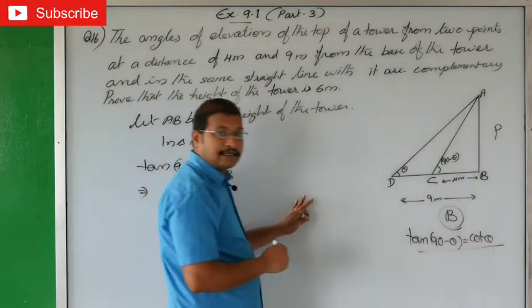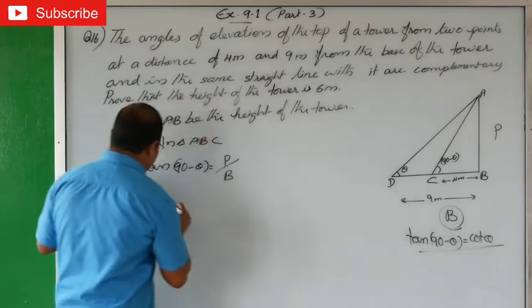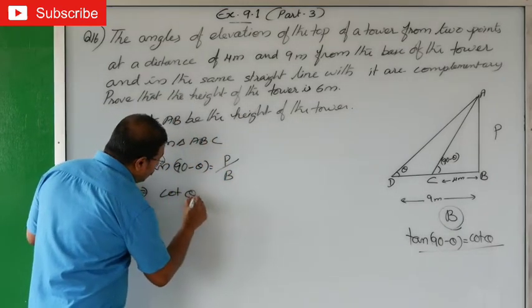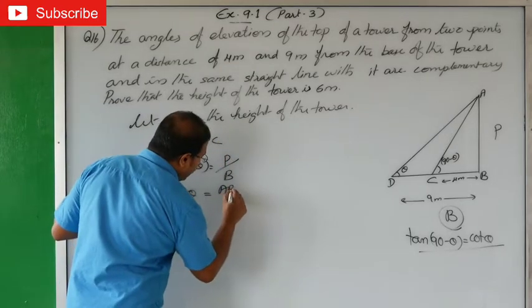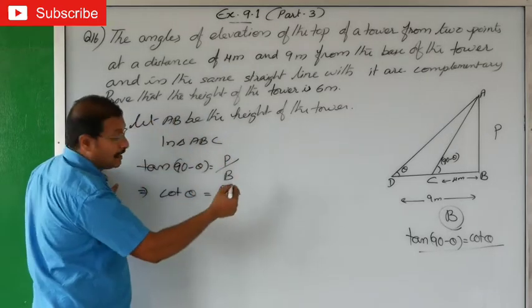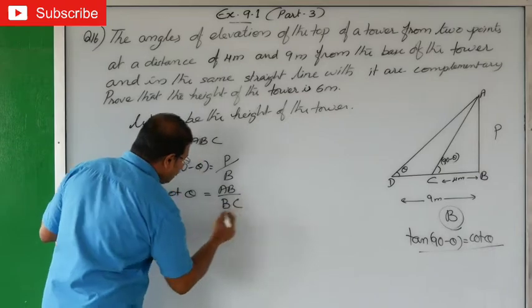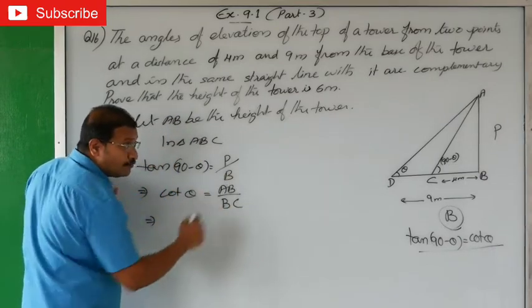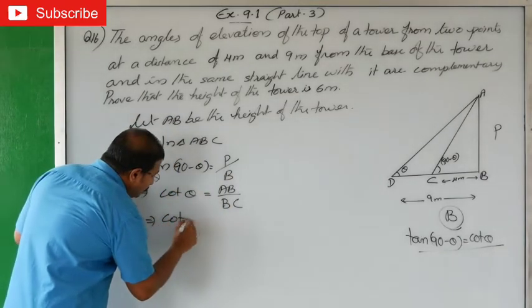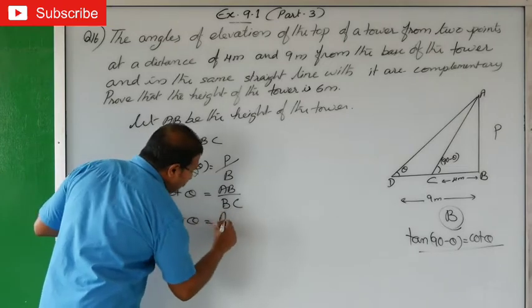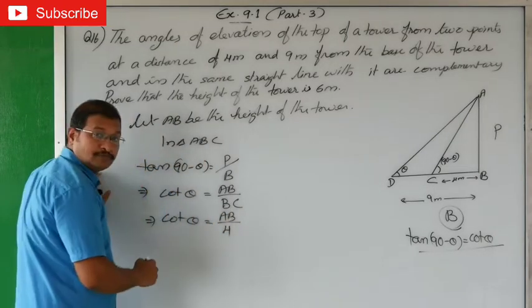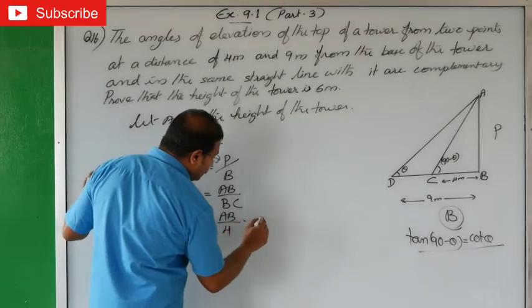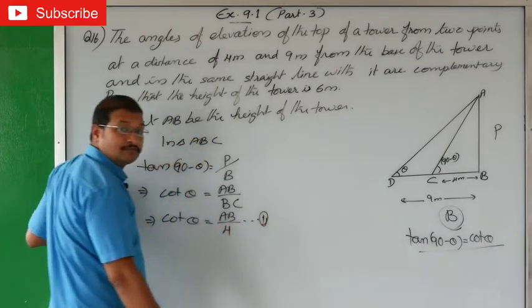Don't forget this. So we will write cot theta equals perpendicular, that is AB, by base BC. BC we already got as 4, isn't it? Cot theta equals AB divided by 4. Ready? So just keep this as equation number 1.